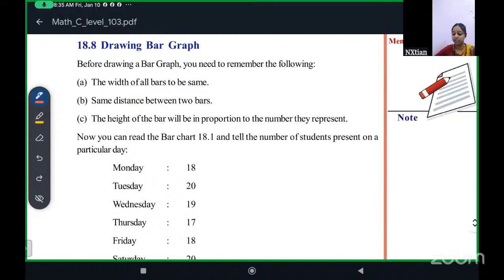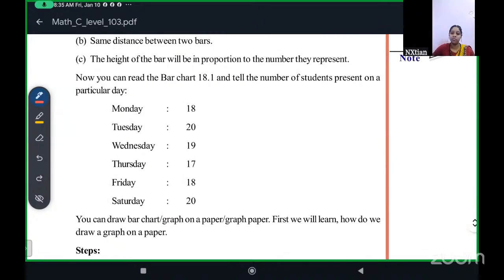So let's give this a read. While drawing a bar graph, there are some things that we need to remember. The width of all bars is to be the same, and there is the same distance between two bars. And the height of the bar will be in proportion to the number they represent. If 18 is written here, the height of the bar will be 18, representing 18.